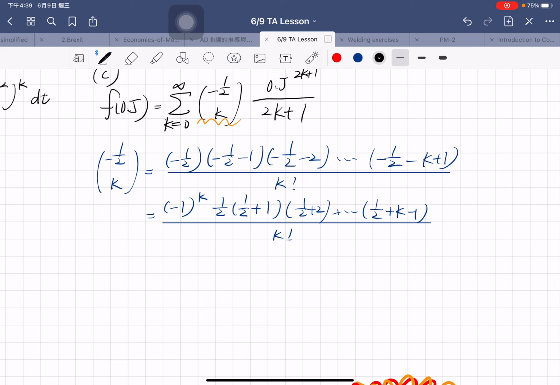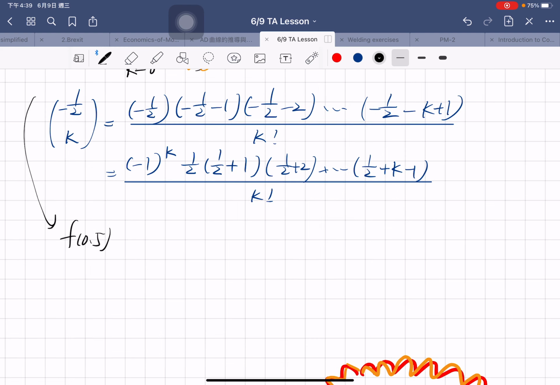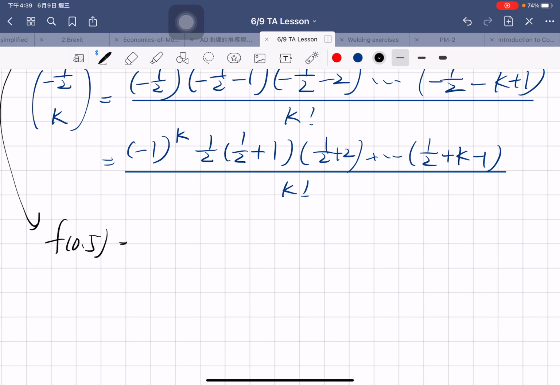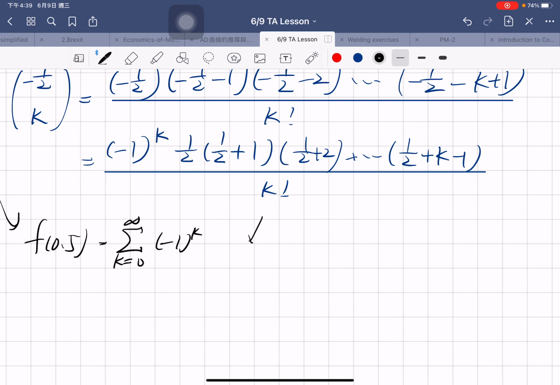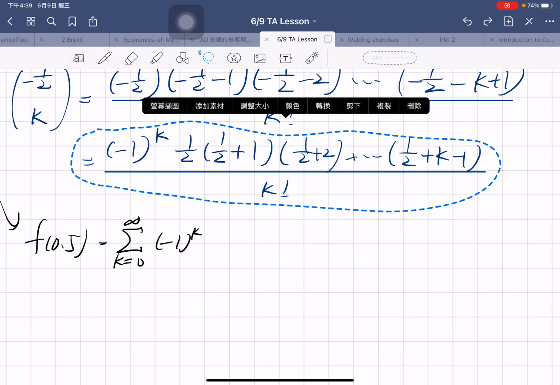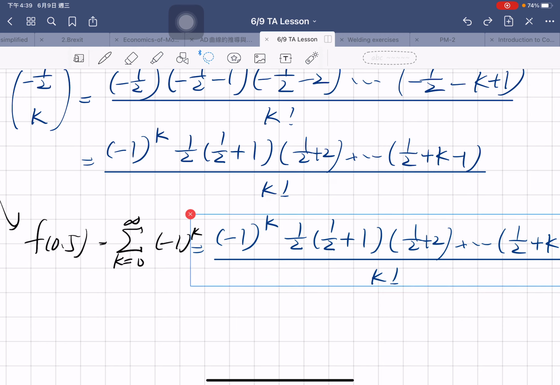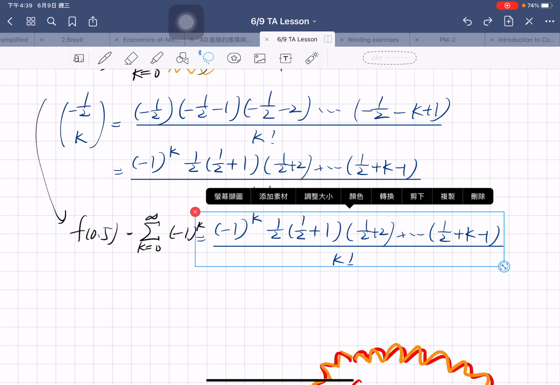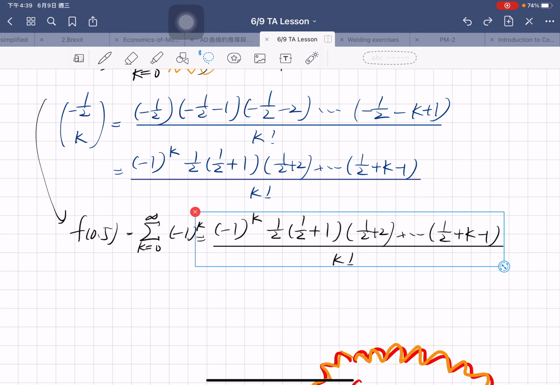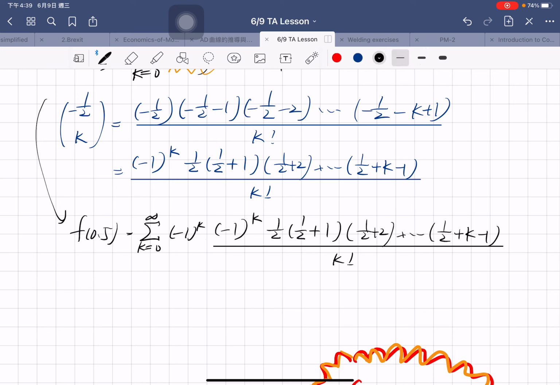So at the end, we put it back into our function. Our f of 0.5 will be sigma, k from 0 to infinity, and just this term plugged inside.